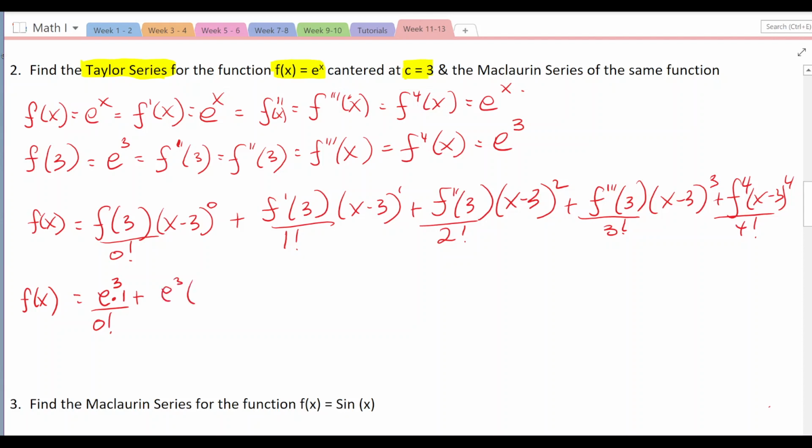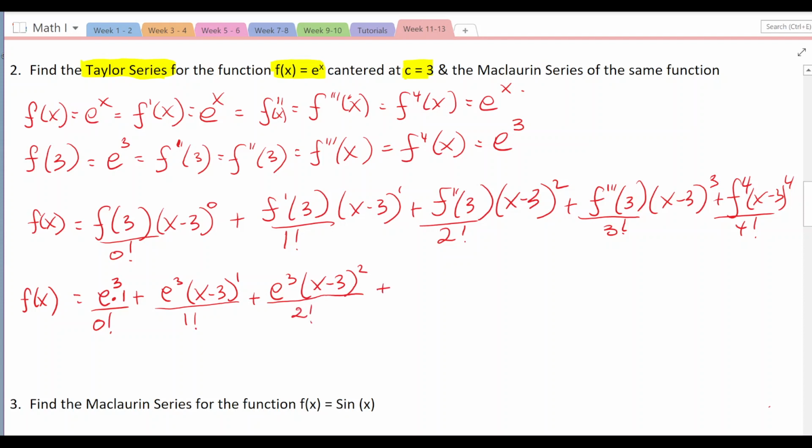So e to the 3 times x minus 3 to the power of 1 divided by 1 factorial, plus e to the 3 as the second derivative times x minus 3 to the power of 2 divided by 2 factorial.